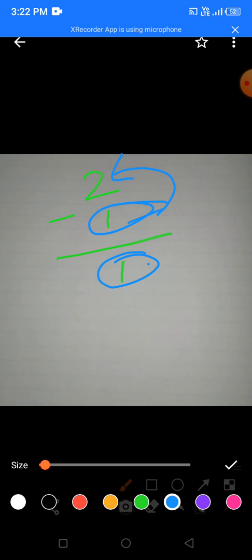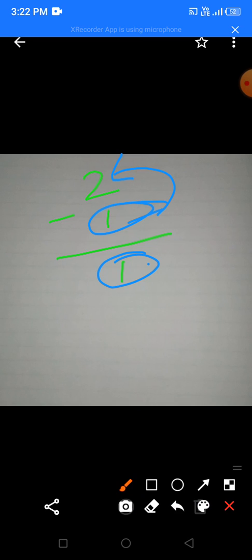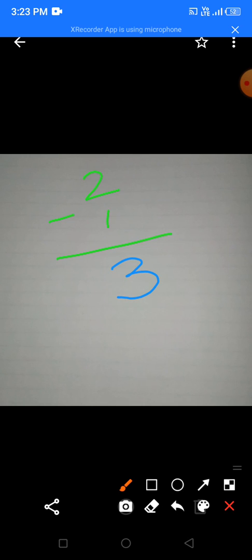For an example, suppose I have written here 1. Now suppose children, I have not written here 1, but in place of 1 what did I write there? 3. Okay. Now suppose children, as I wrote earlier, 2 minus 1 is 3. Now I have written 3. Now if I go to check, when I go to check this, what will I do? I will add this answer to this number. So see, when I add this, I should get 2.